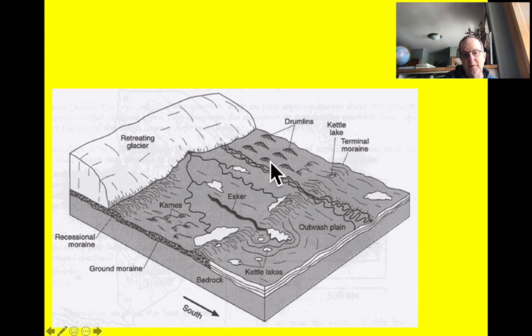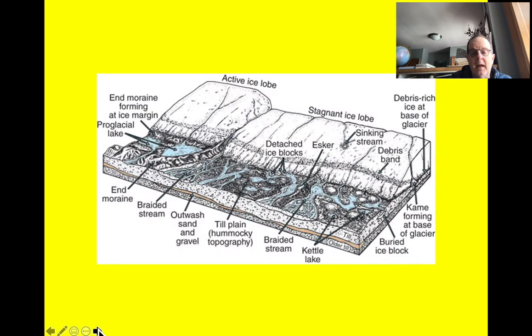You'll have sorted sediments along the esker, but here at the terminal moraine, no sorting here. Slightly sorted in the kame, unsorted in the drumlin. Now drumlins are really important because they help us figure out which way the glacier moved forward and back. And let's see if we can figure out why that is.